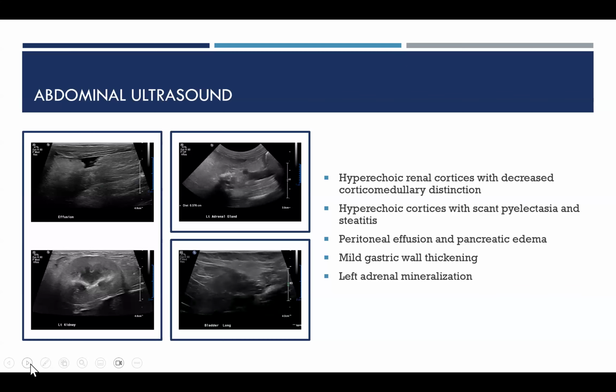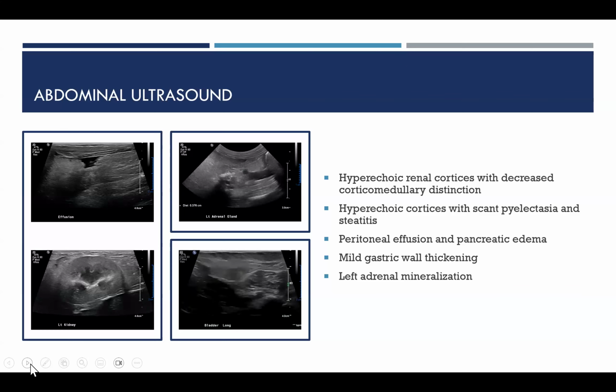Abdominal ultrasound was performed and showed hyperechoic cortices with some decreased corticomedullary distinction. There was scant pyelectasia and evidence of some steatitis, they thought. There was a mild peritoneal effusion and some associated pancreatic edema.